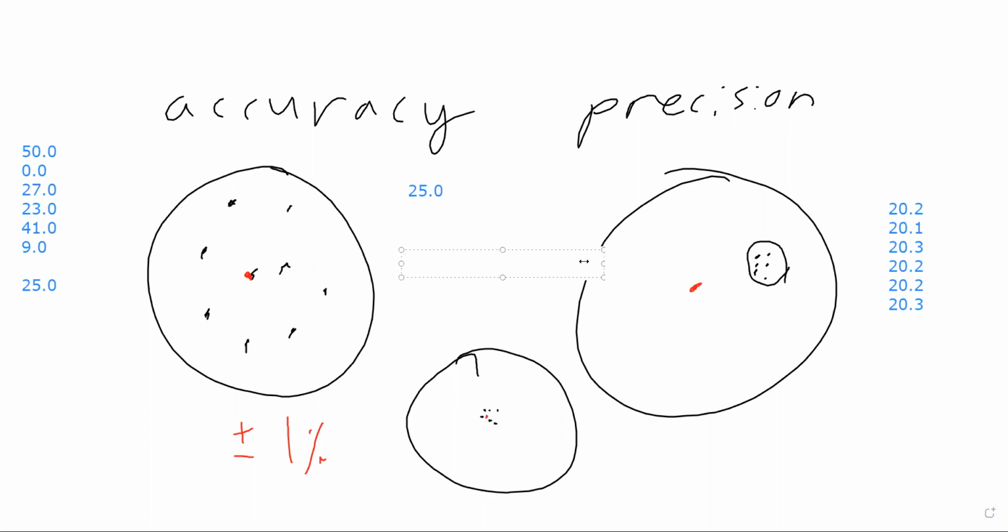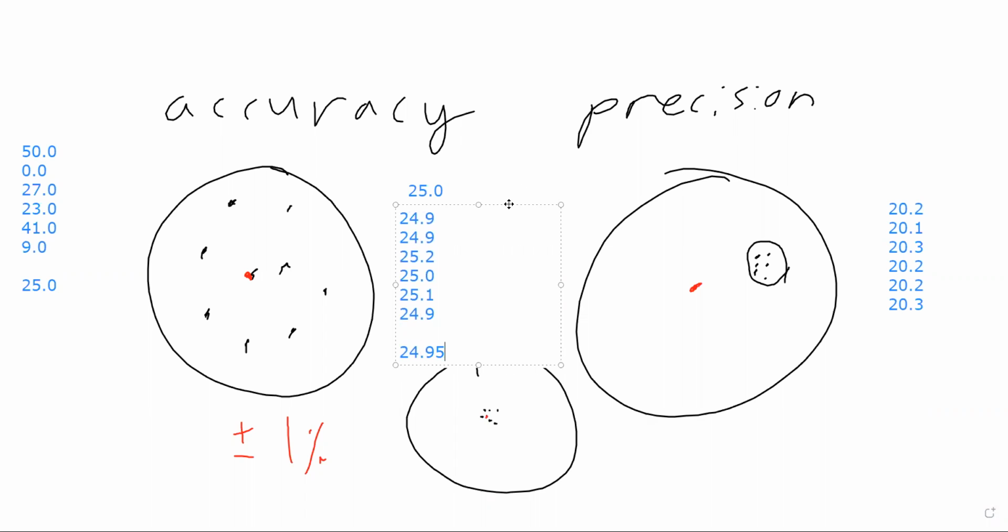But then for an example that was both accurate and precise, we'd have maybe 24.9, 24.8, 25.2, 25.0, 25.1, maybe another 24.9. So that would average out to be just under 25. I think it would come out to something like 24.95.